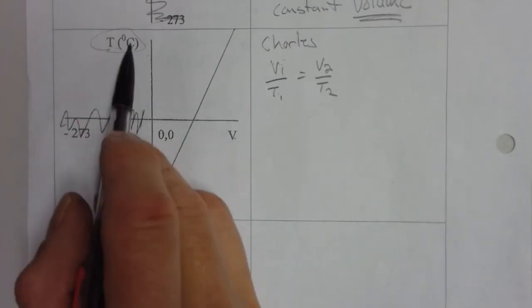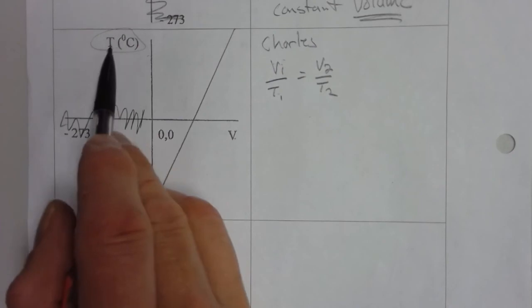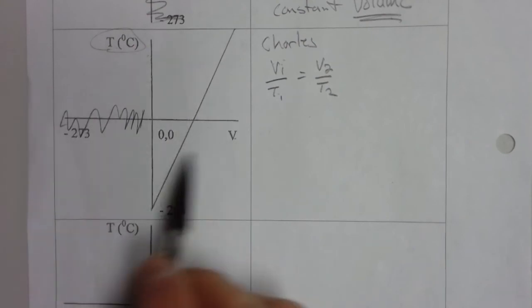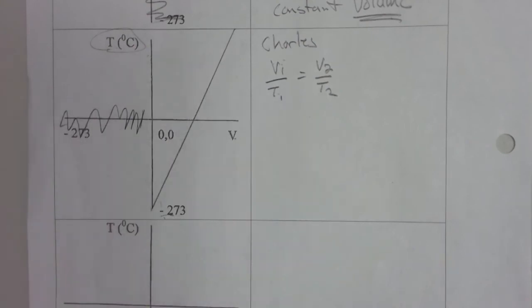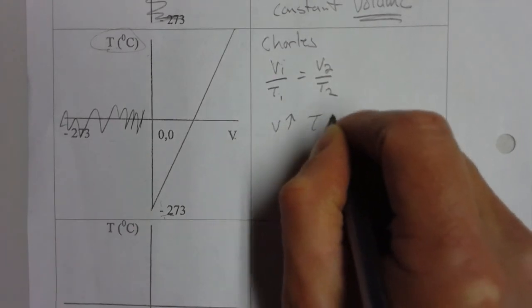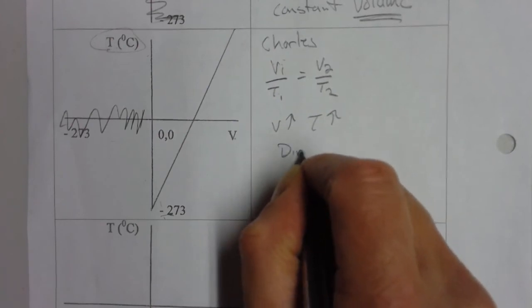And we have to be careful that when we have Celsius temperature, the minimum is negative 273. No other axes in these gas laws, volume, pressure, or Kelvin temperature, can be negative. Volume goes up, temperature goes up, directly related.